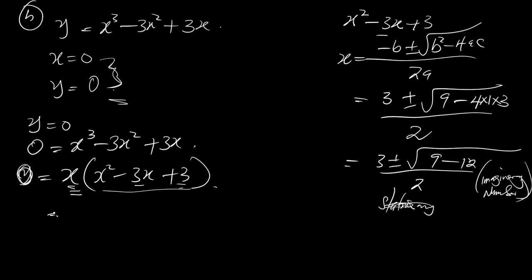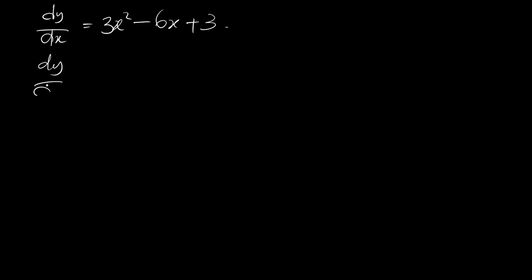Now let's differentiate that. We have dy all over dx is equal to what? 3x squared minus 6x plus 3. So the stationary point is where your dy dx is equal to 0.